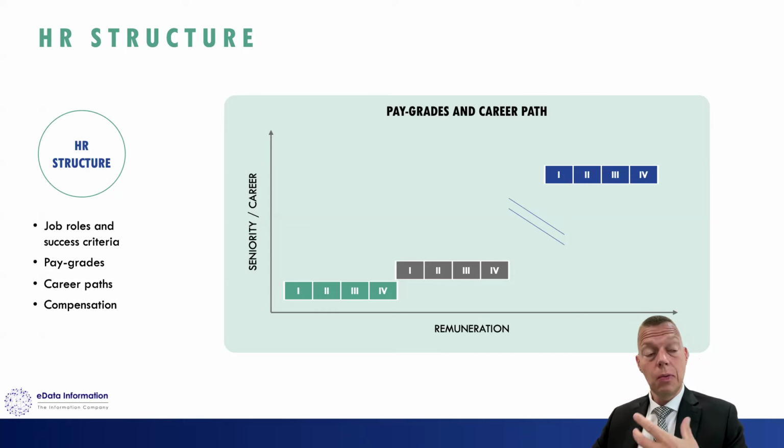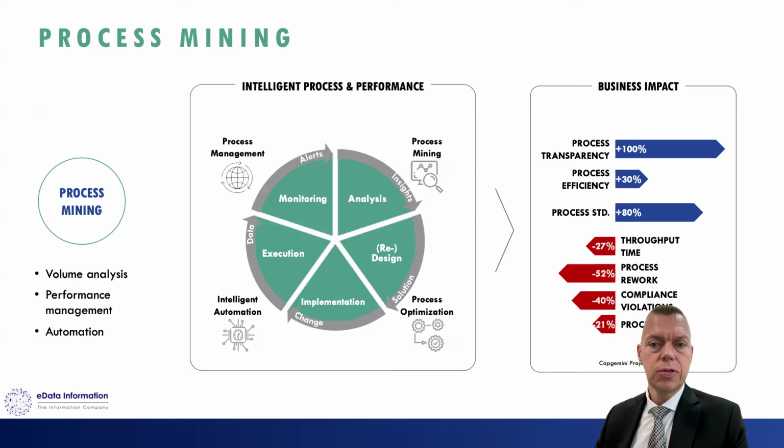A very strong tool to support your HR structure is what's called process mining, where you will look at your processes. You will look at how we can identify the processes that we get the most value out of optimizing using AI. This is a complex topic. I will not get into details.